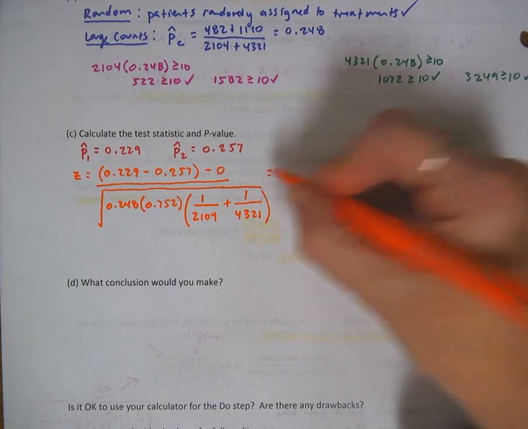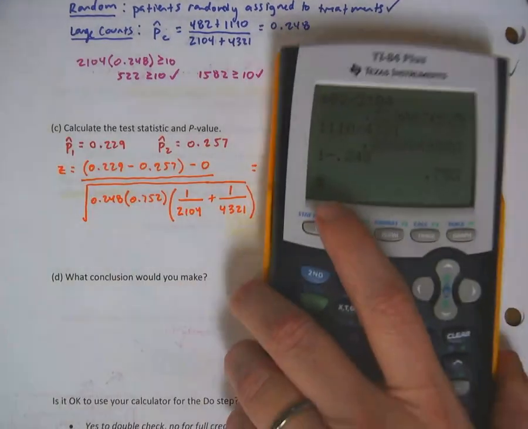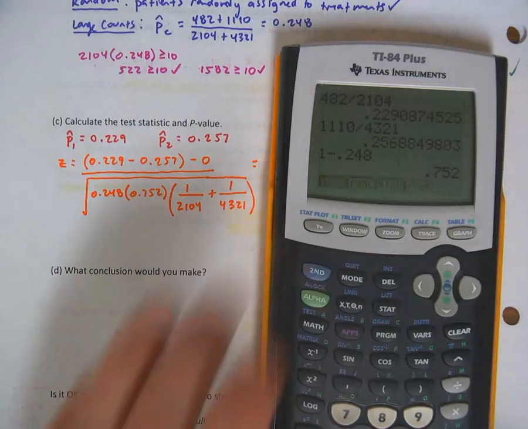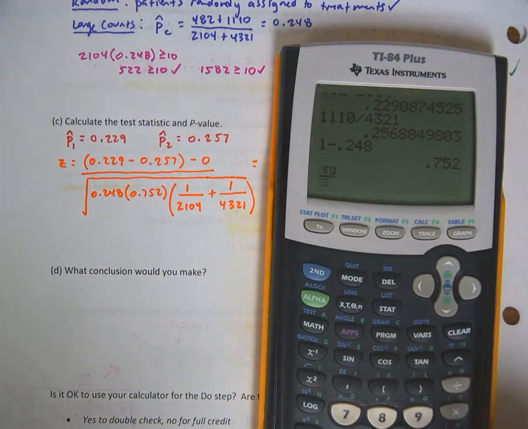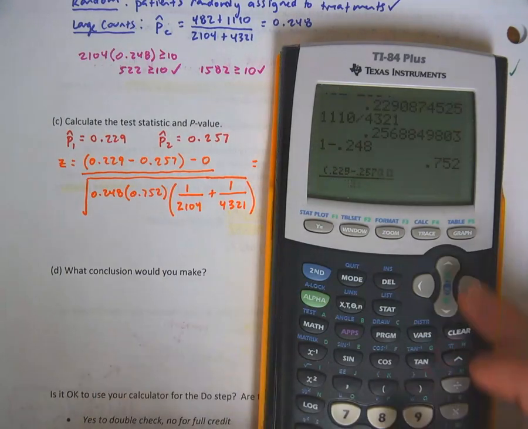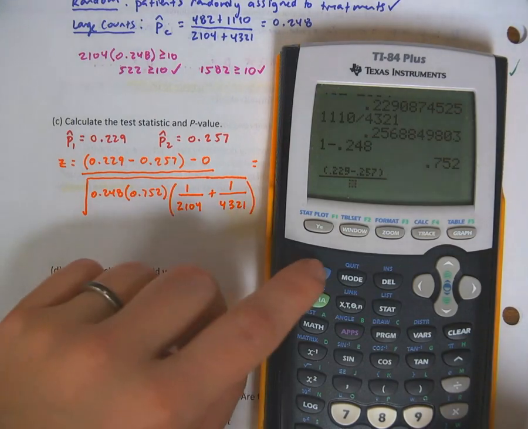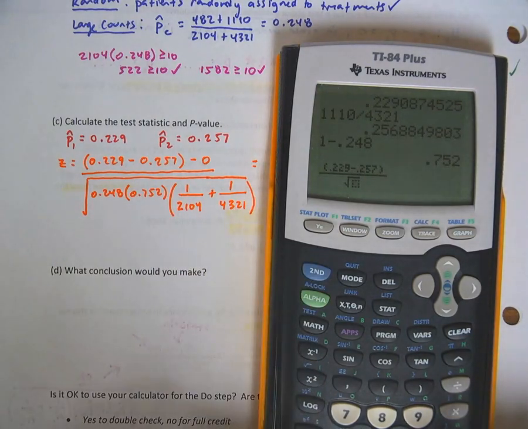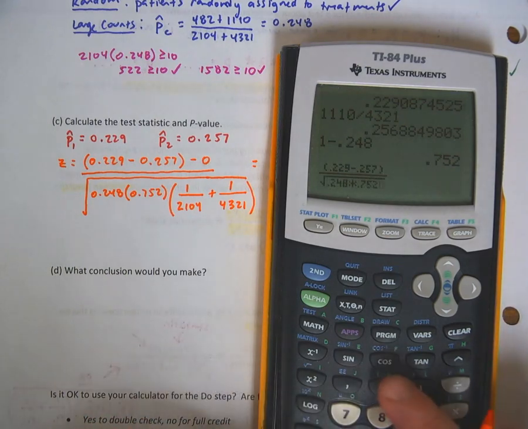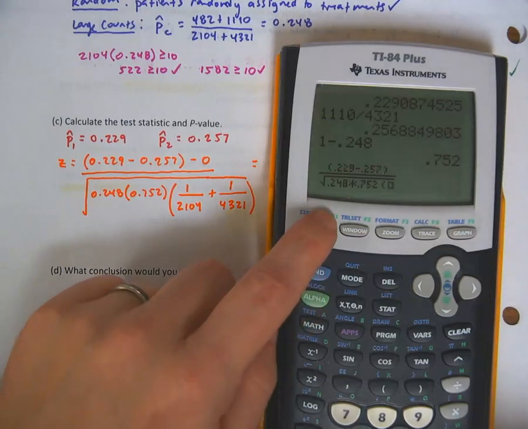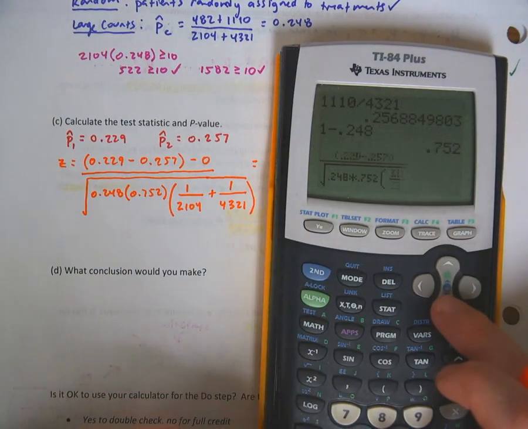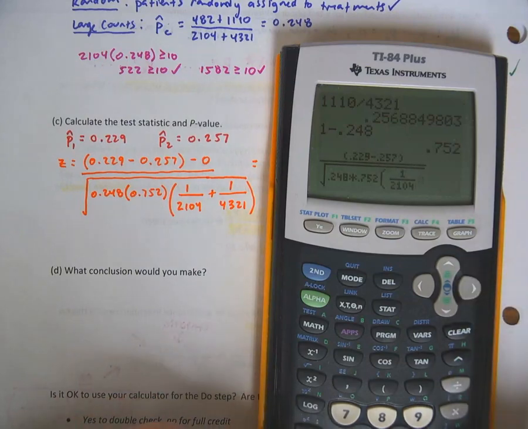Ooh, thank goodness for our calculators here. All right, here we go. We've got a big fraction. And on the top, we need to do some subtracting. I'm not going to bother putting minus 0. On the bottom, we have a giant square root symbol. We've got 0.248 being multiplied by 0.752, open parentheses, alpha y equals enter, 1 over 2104, arrow over, plus alpha y equals enter, 1 over 4321.